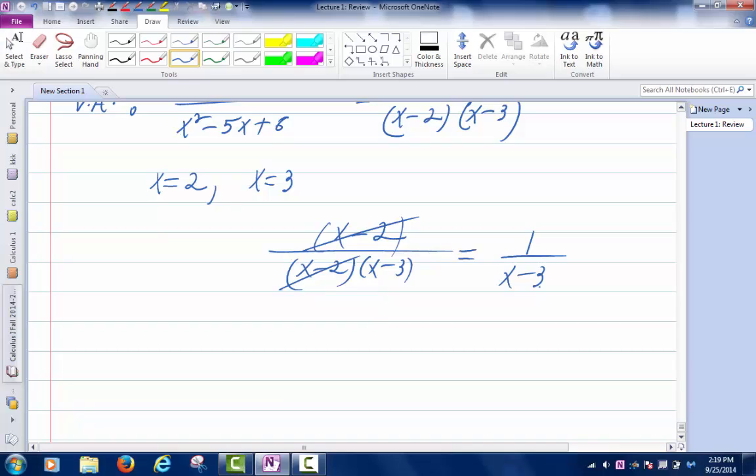So now the limit of this function at 2 is no more infinity. The limit now is actually 1 over 2 minus 3, which is negative 1. Am I making sense? Because in the numerator you have x minus 2 and in the denominator you have x minus 2, they cancel out. The limit at 2 is no more infinity or negative infinity.